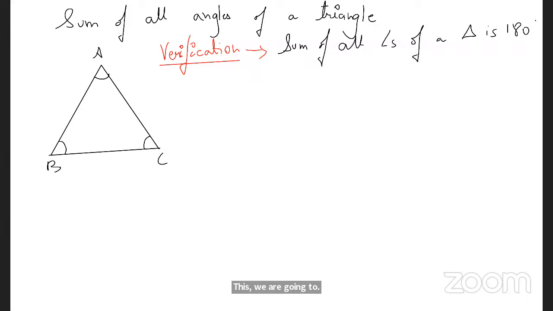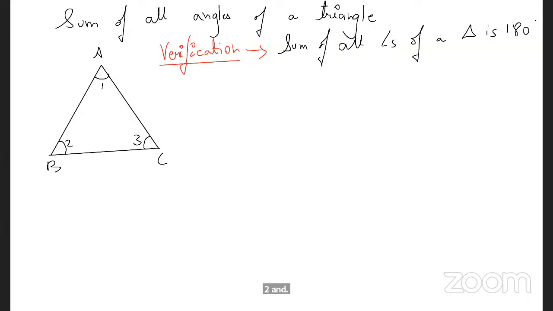Now, what we will do, we have a triangle ABC. Okay, and we have marked three angles in it. Let's number them also: angle 1, angle 2, and angle 3.